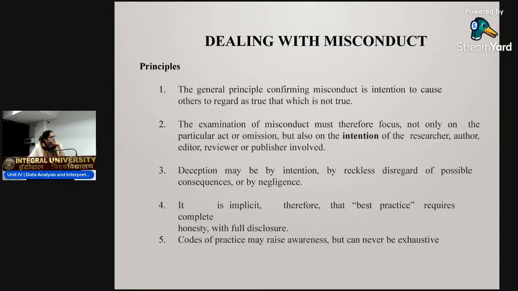So examination of misconduct must focus not only on the particular act or omission, but also on the intention of the researcher, author, editor, reviewer or publisher involved. है ना, कहते हैं ना नियत देखना जरूरी है. So उस person का intention क्या था? Did he or she have a motto?